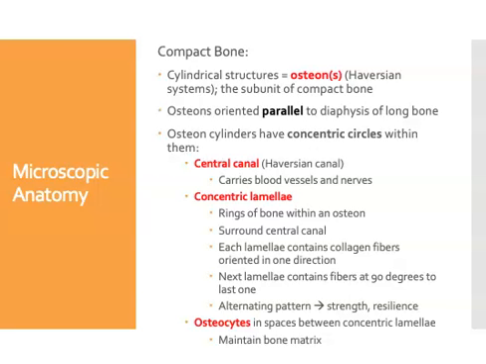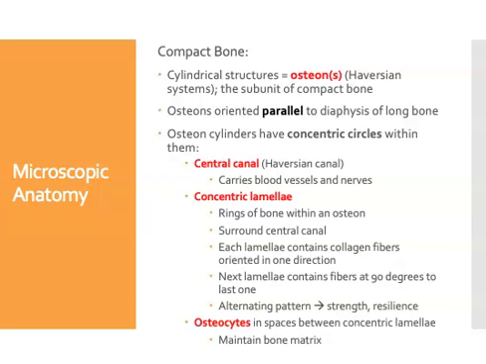We'll take a look at these in just a minute, but there's some terminology that we need to know in relation to these osteons. In the center of an osteon is what's called the central canal. The older term was Haversian canal.